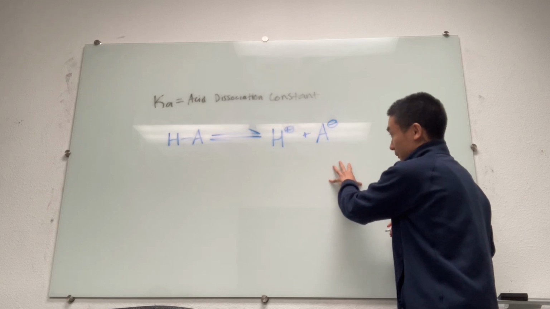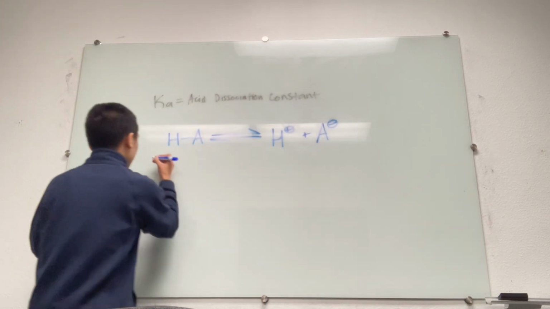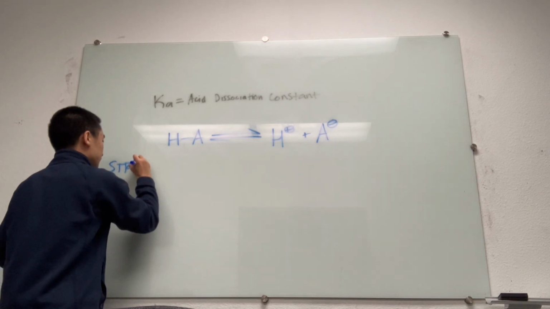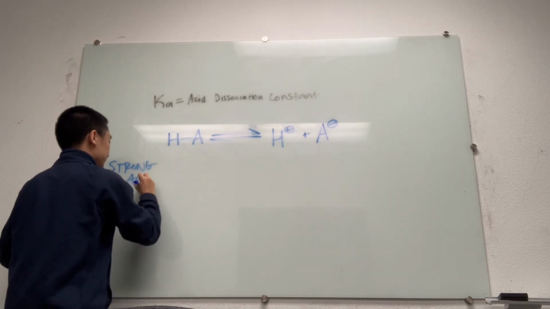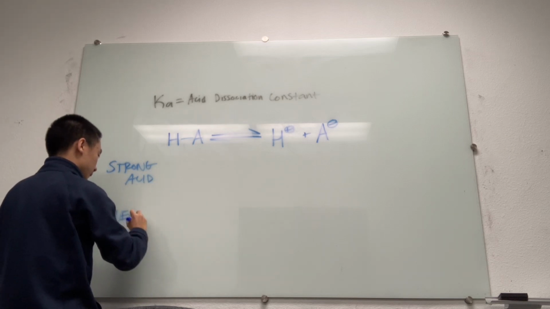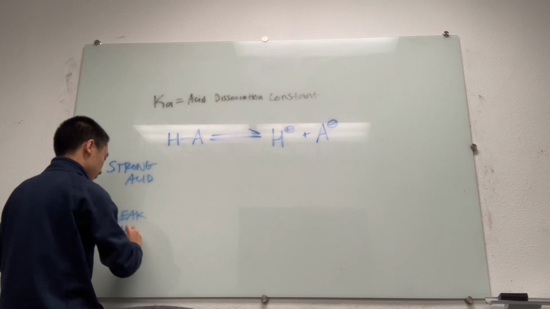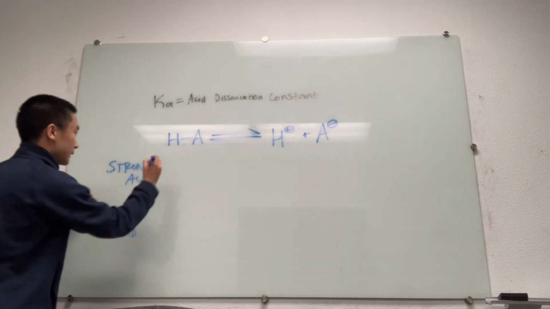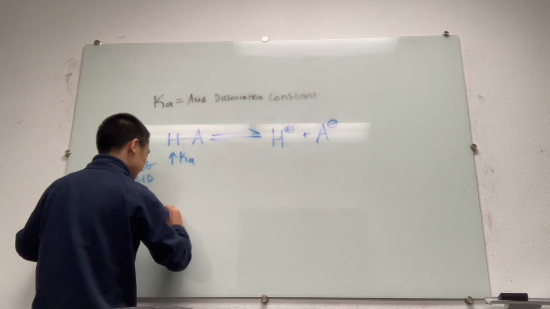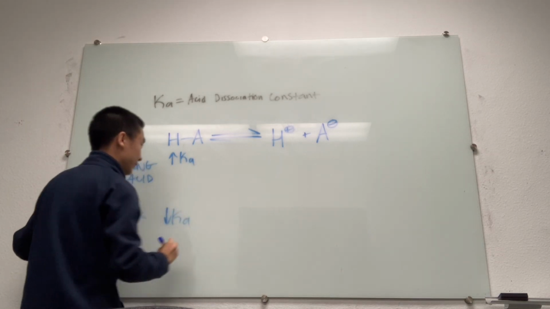So let's say we have a strong acid versus a weak acid. Right? Strong acid is going to have a high Ka value. Weak acid is going to have a low Ka value.